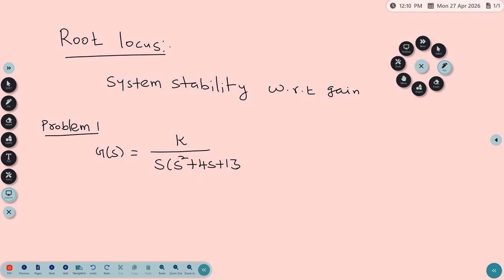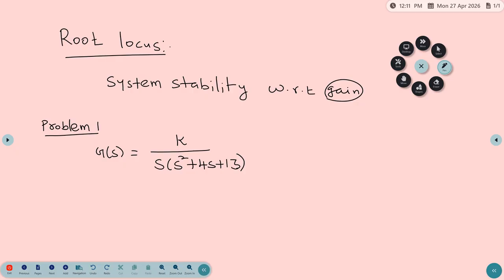That means either the given system is stable, unstable, or marginally stable. So here also we can analyze the stability of the system, especially with respect to the parameter called gain. For this analysis, we are using root locus. Root locus was developed in the year 1948.